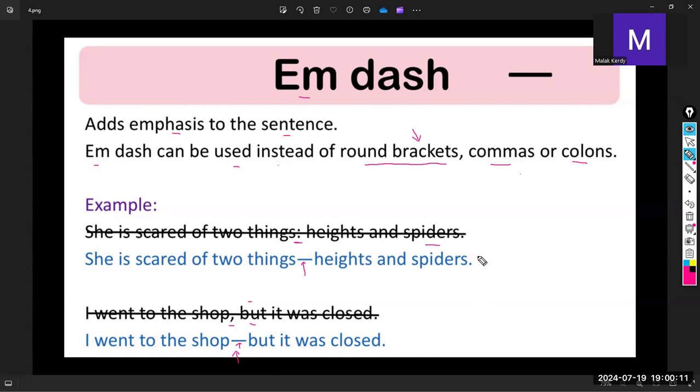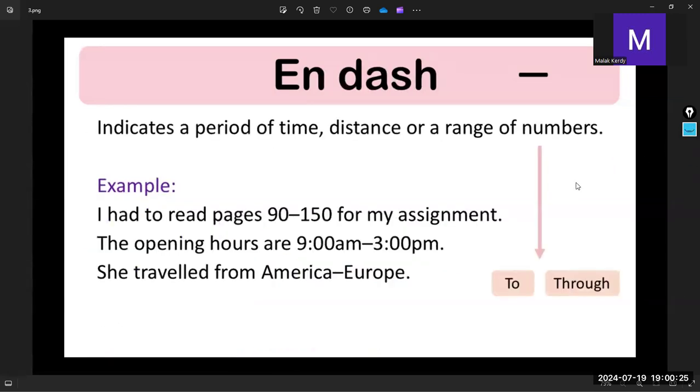Malak, let me tell you something. I can replace the M dash with brackets, commas, or colons, but I can't do that with the N dash. I mean, let's go back to the N dash. You cannot say, for example, I had to read pages 90, comma, 150 for my assignment.